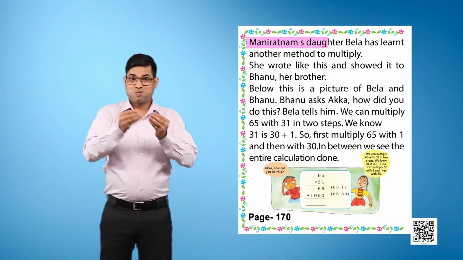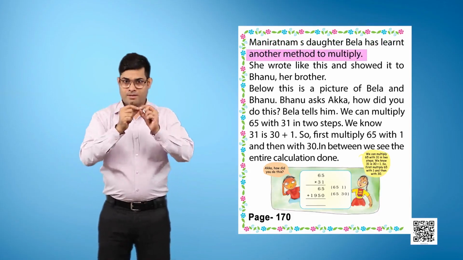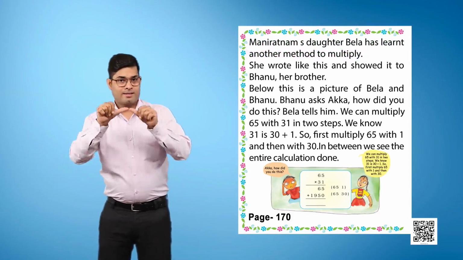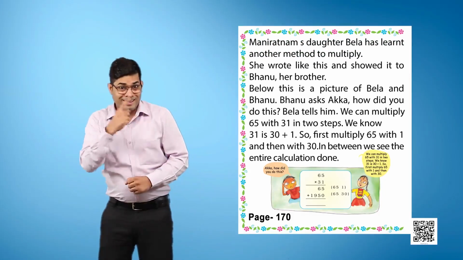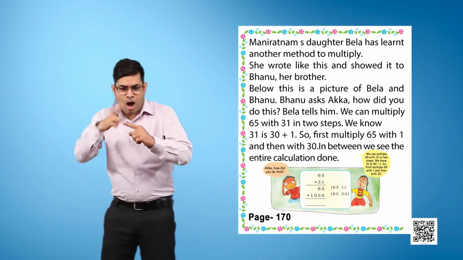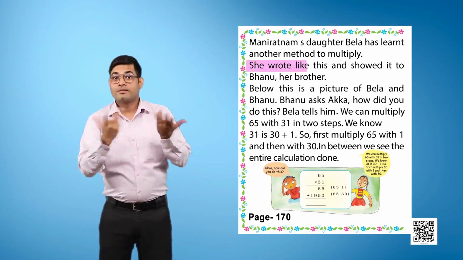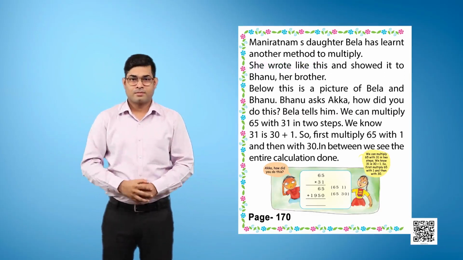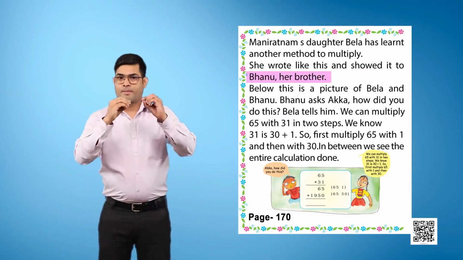Mani Ratnam's daughter Bela has learnt another method to multiply. She wrote like this and showed it to Bhanu, her brother.